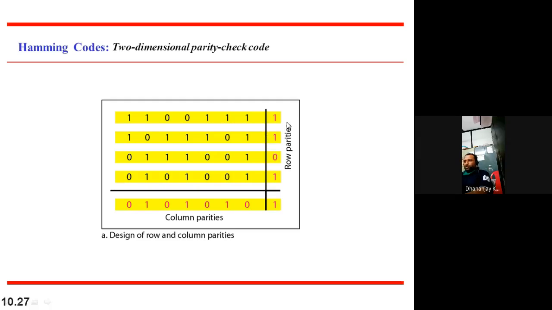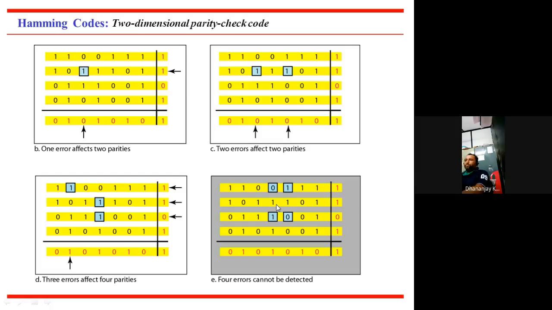That way we calculate for each row and column, and then we have the row parity and column parity. At last, we check the parity here also, like 1 1 1 and 1 1 1. So 3 and 3 are there, so we have the value equal to 1.